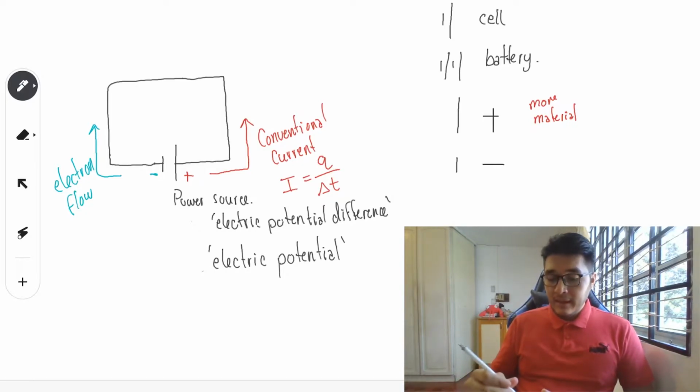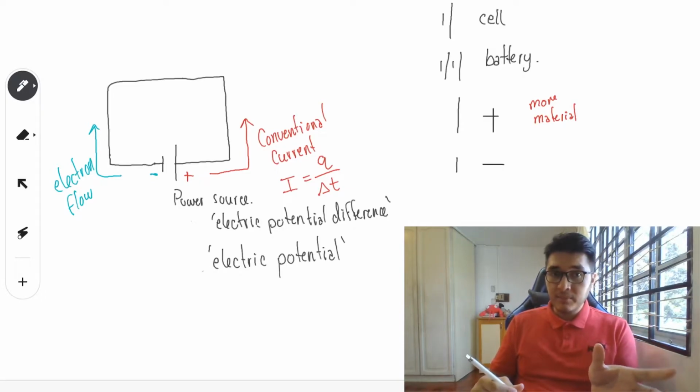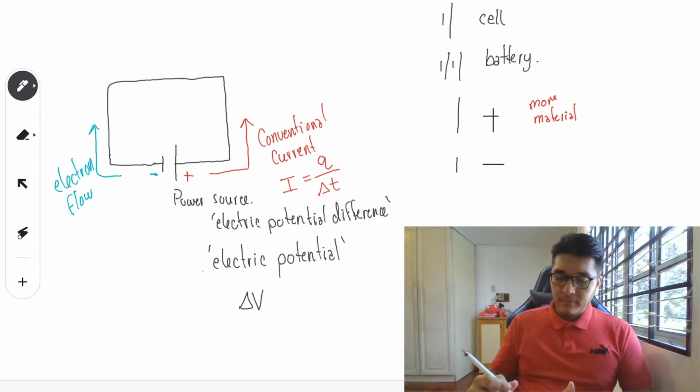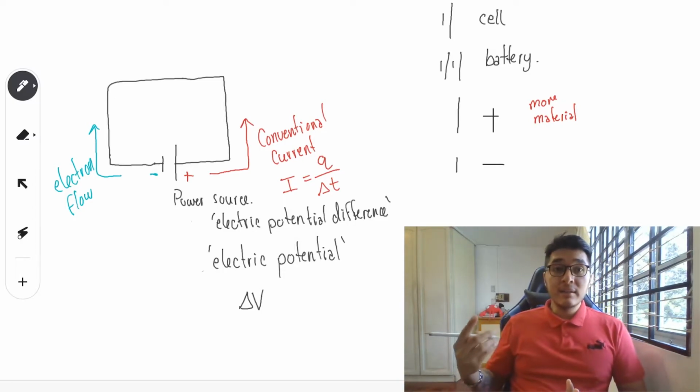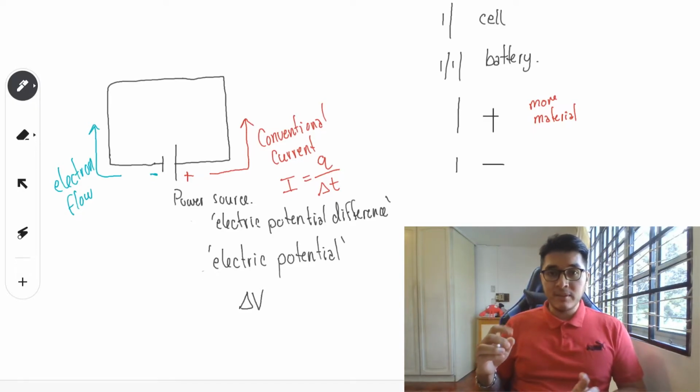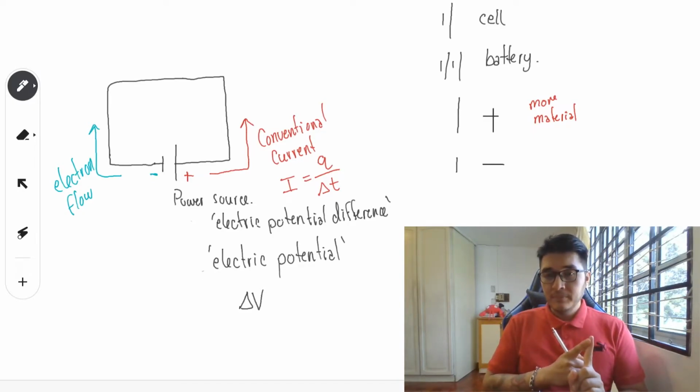All right, but electric potential is not quite the same thing as electric potential energy. This is the voltage, so the change in voltage. Actually, this is one of the most confusing parts in electricity. Remember I told you about the electric potential?